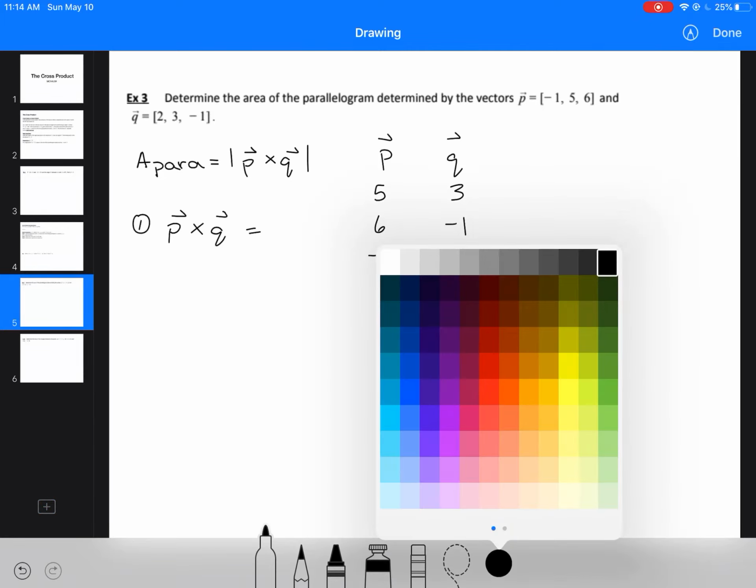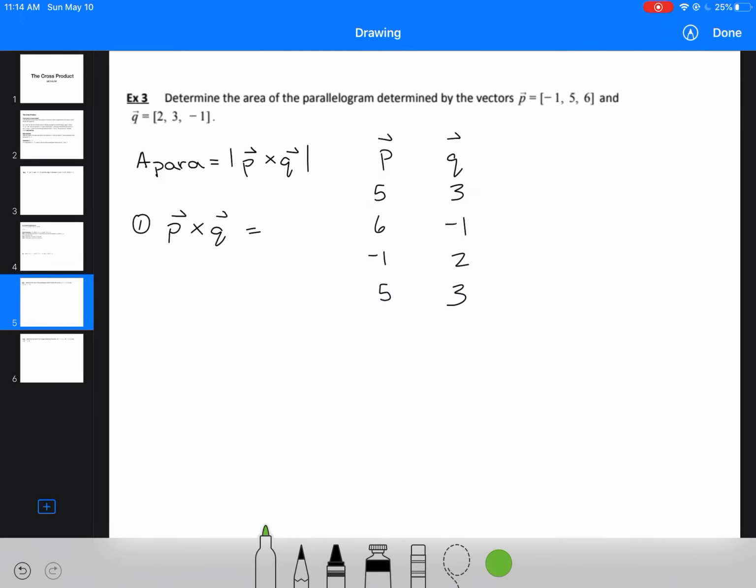And then I'll use my colors again here. Let's start with green. So my first coordinate would be 5 times -1 minus 6 times 3, which should give me -23.